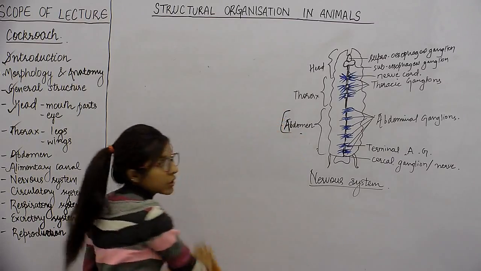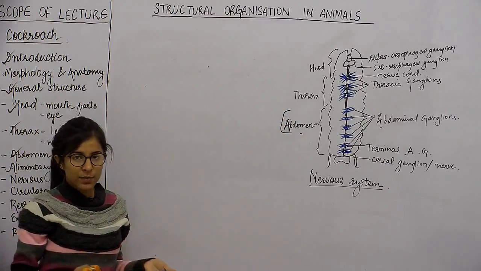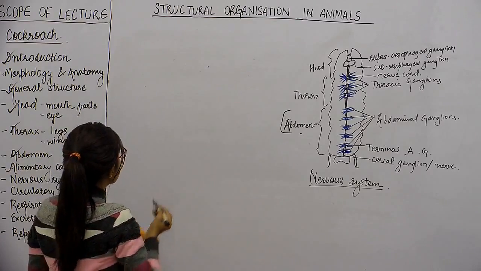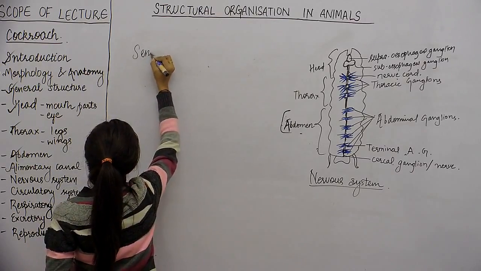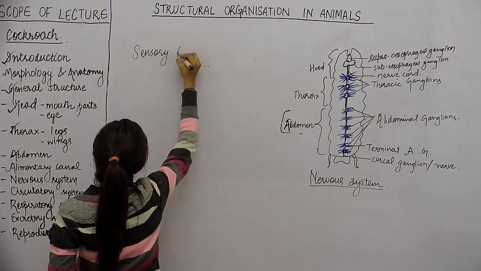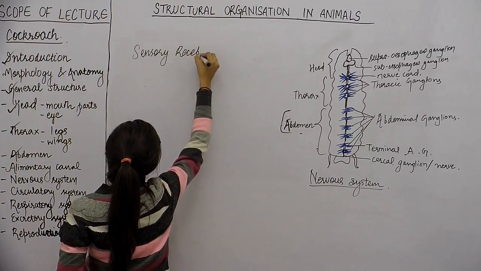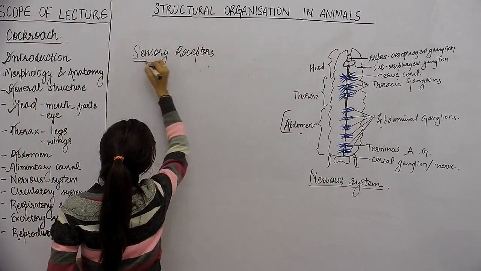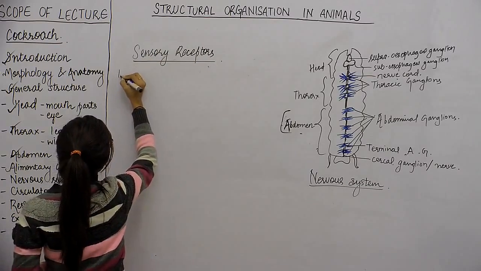Nervous system के अंदर there are several types of receptors which are called as sensory receptors. Number one are the thigmoreceptors.